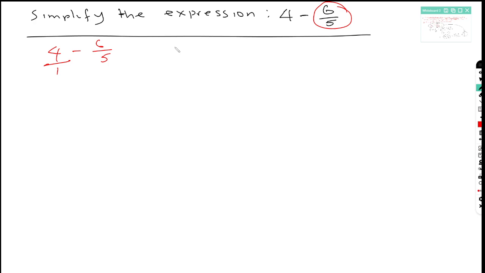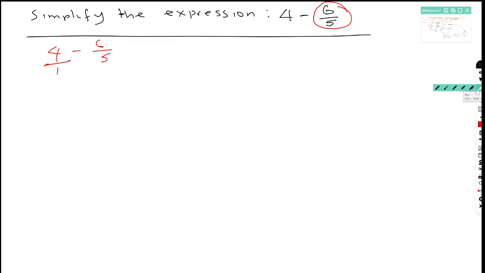Any number like 4 minus 6 over 5 does have a 1 that is not written. Okay, so I'm not going to be using this one, so we'll continue with that.